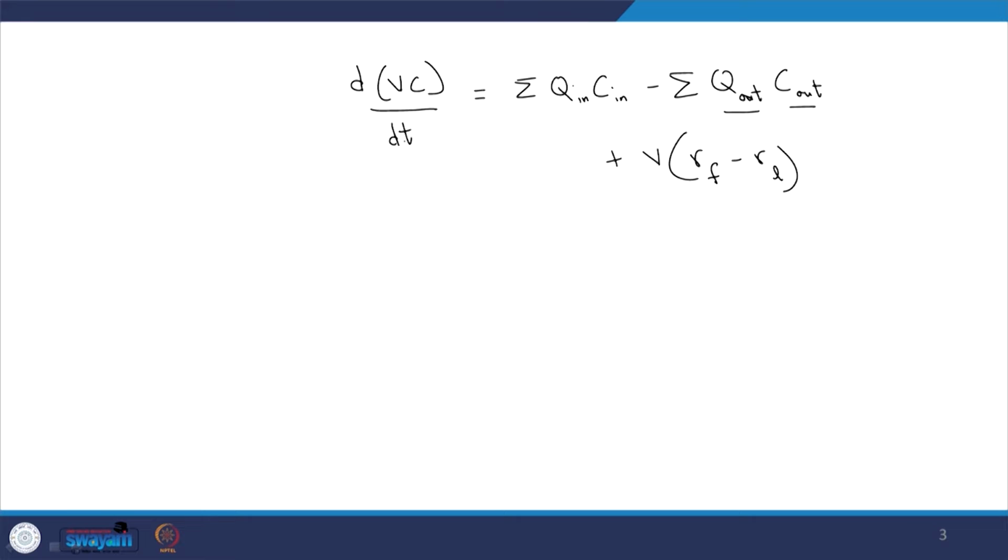First this term, typically the volume of your reactor is constant. So, V does not change with time. So, V dC by dt is equal to all these terms, right. So, that is what we have out here, and we can transform this according to the type of reactor that we have.